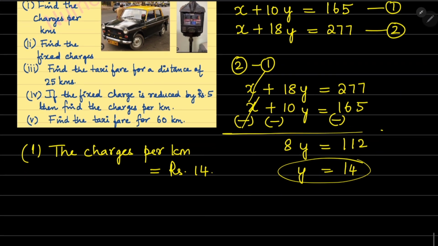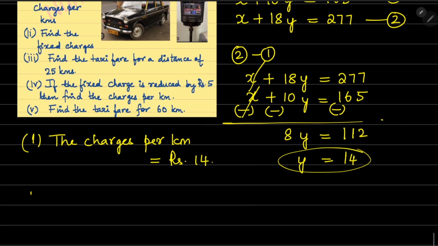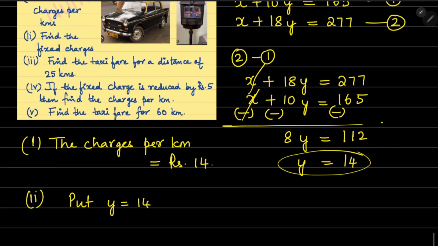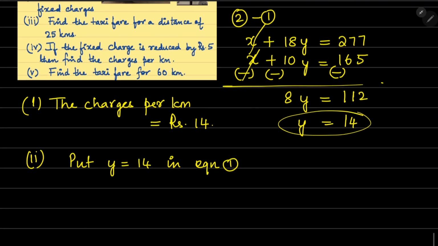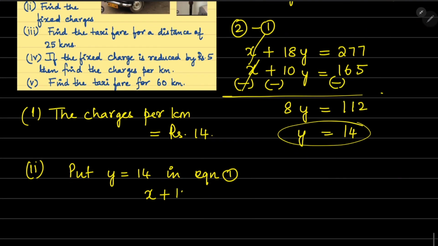Now you have to find the fixed charge, which is your X. So that's your second answer. Find the fixed charges. So put Y is equal to 14 in any one of the equations. Let's put it in the first equation. In equation 1, what do you get? X plus 10Y, in place of Y I will put 14, is equal to 165.